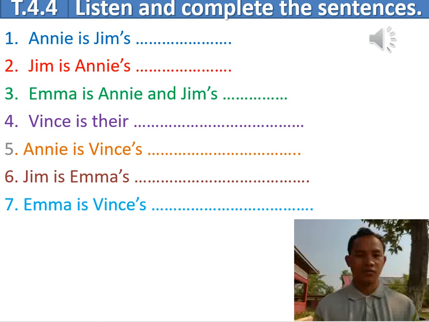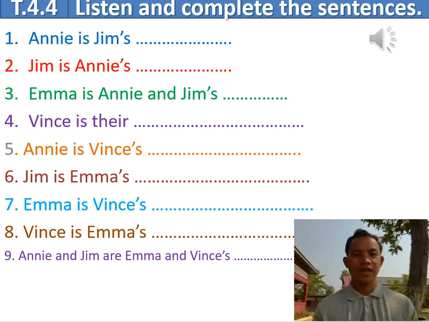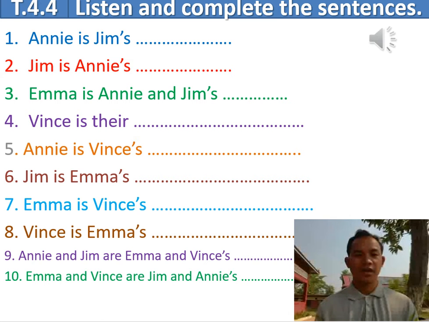Number 7, Emma is Vin's something. Number 8, Vin is Emma's something. Number 9, Annie and Jim are Emma's and Vin's something. And number 10, Emma and Vin are Jim's and Annie's something. All right guys, I give you 1 minute to complete this first, and then we will write the answers together.